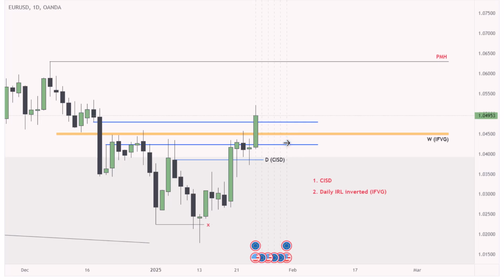So what we are expecting for our next weekly candle is that when it opens, there will be liquidity sweeps towards this zone before proceeding higher.